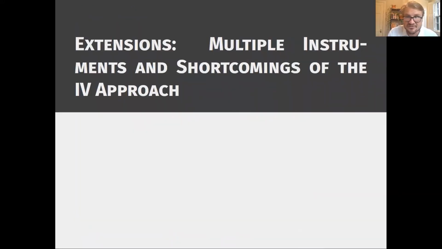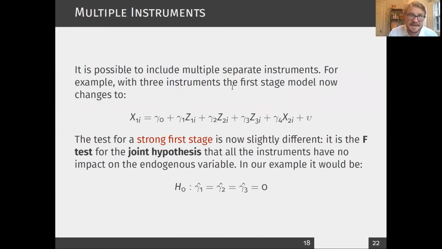Right, so as a final part of this lecture, there are a couple of extensions that are important for you to know about. The one is multiple instruments, and the other one is some other shortcomings of the instrumental variable approach. With multiple instruments, the idea is that you don't need to only use one exogenous variable. You can actually use multiple different ones if you can find them.